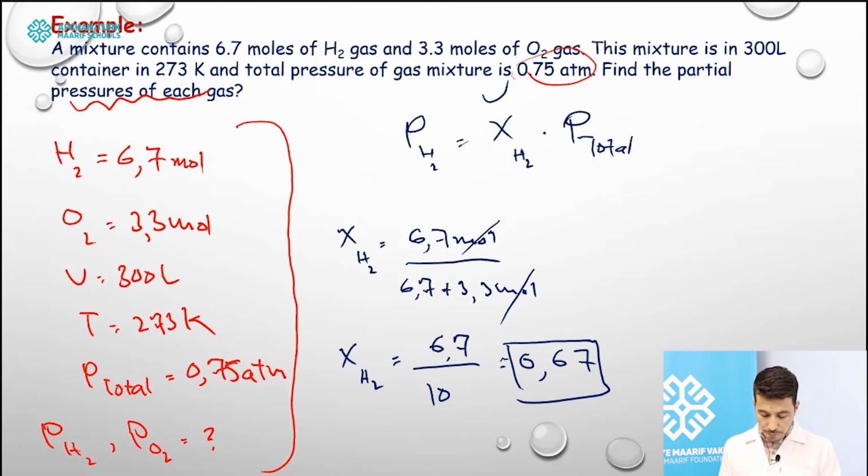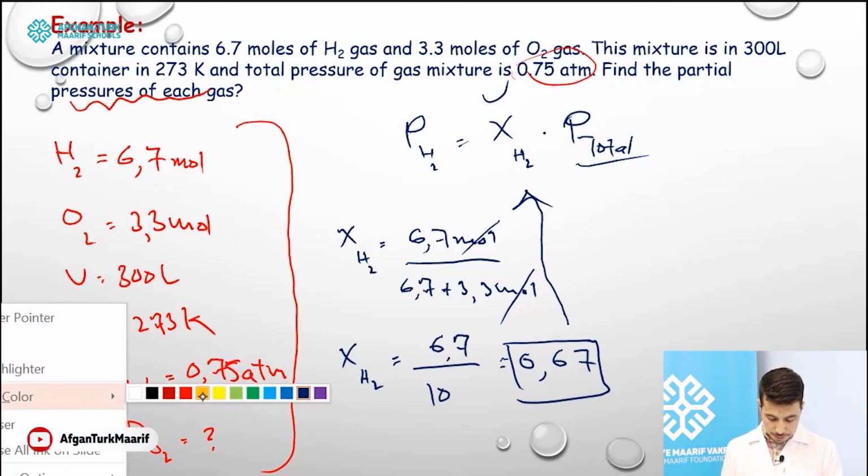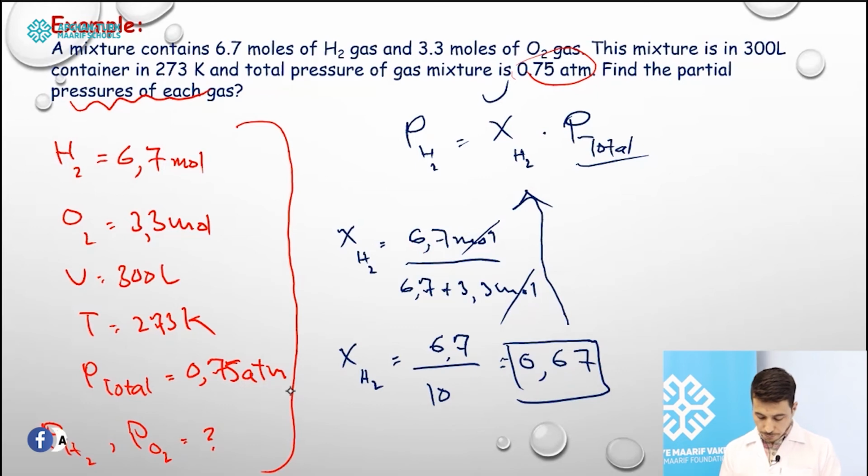Now we can put this mole fraction in the equation, and we have the value of P total as well, and we can find the answer, which is the partial pressure for the hydrogen. So the partial pressure for the hydrogen is equal to the value of X, which is 0.67, times the value of total pressure, which is 0.75 atmosphere.